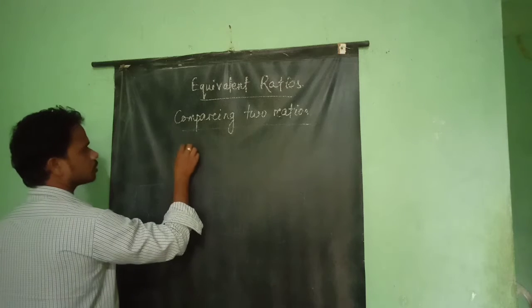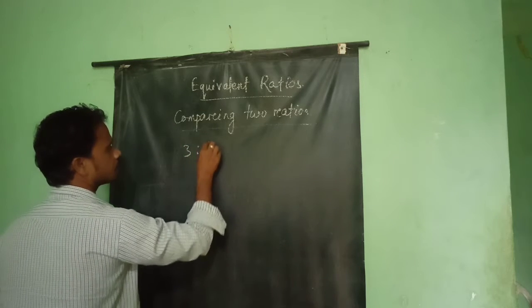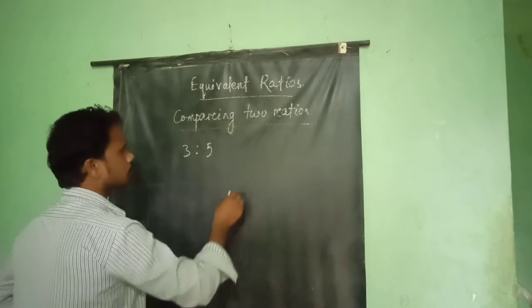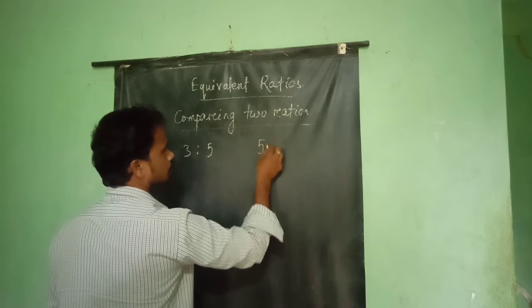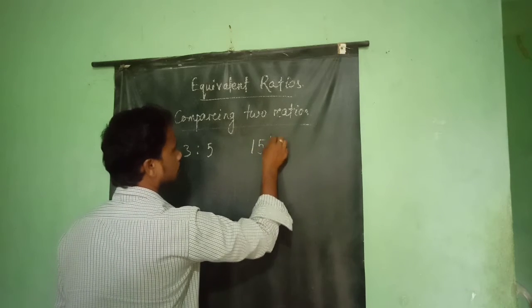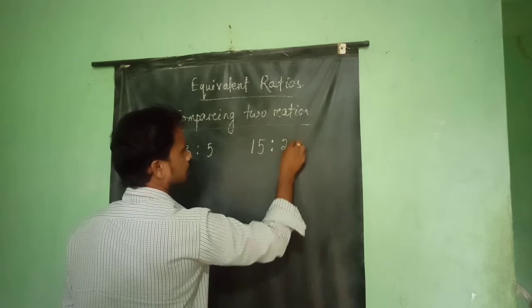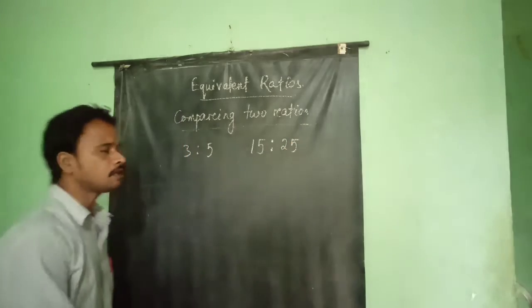Suppose one ratio is 3:5 and another ratio is 15:25.